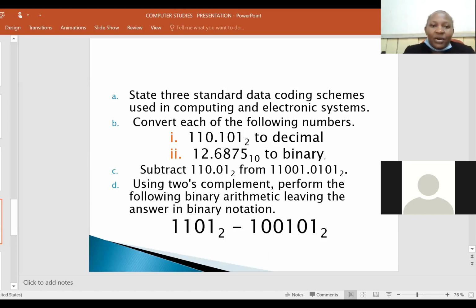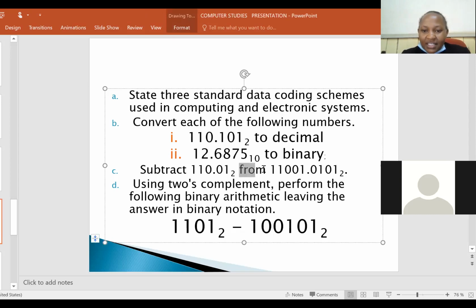So the key point here, you should be able to see the word from. So in this case, from. So subtract this number, subtract this number.